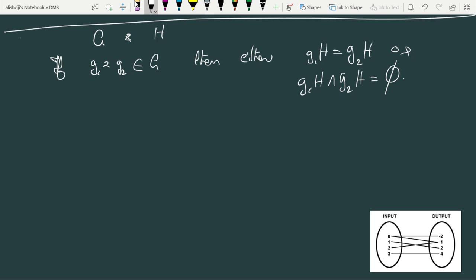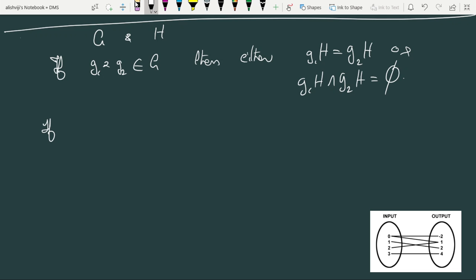What we are going to prove here is either two left cosets are the same or they contain no elements in common. So if you consider two cosets of H in G, either they are the same or they are entirely different. That is what we have to prove.